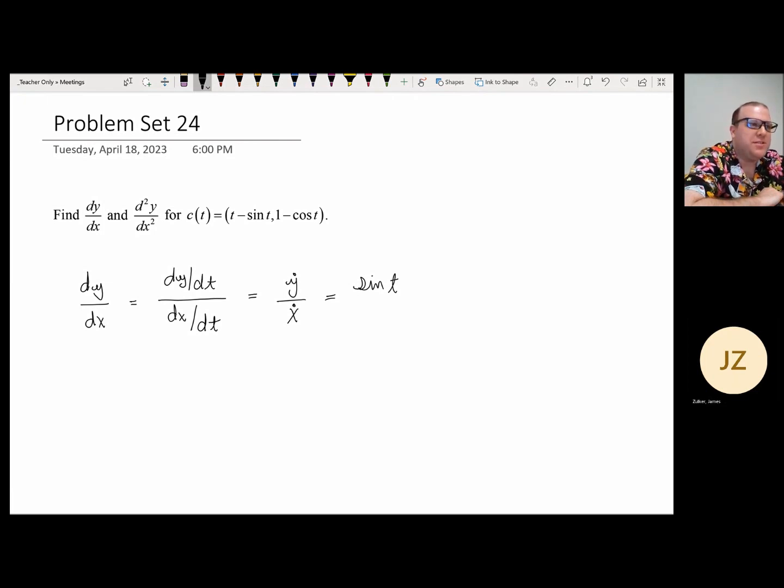Derivative of the x component with respect to t?